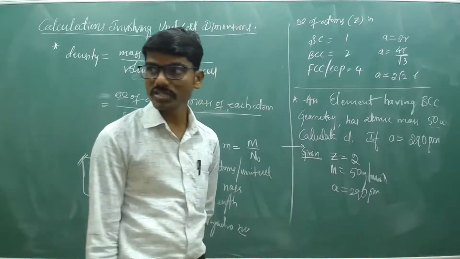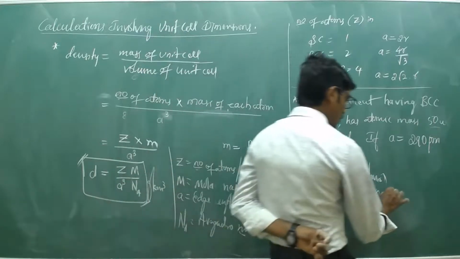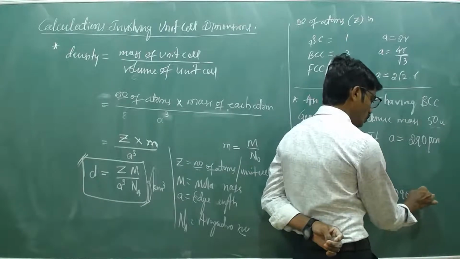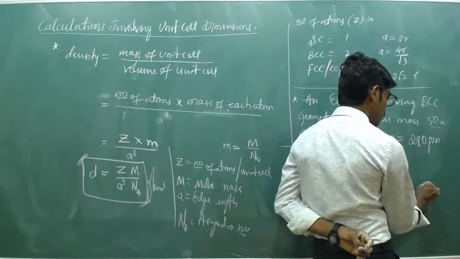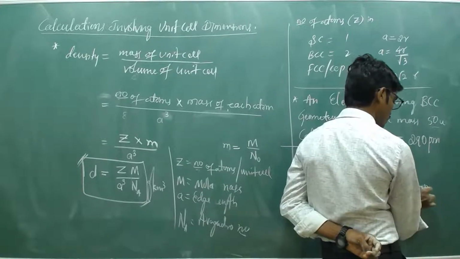So can you convert this picometer into centimeter? 290 picometer can be written as 290 into 10 to the power minus 12 meter, since pico is 10 power minus 12.